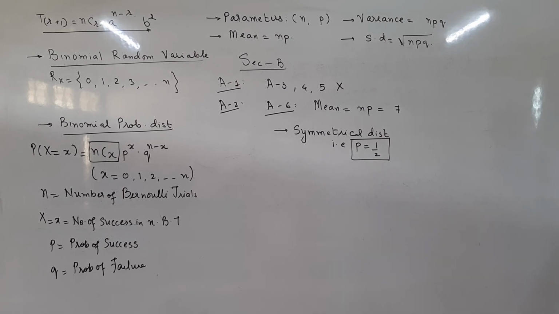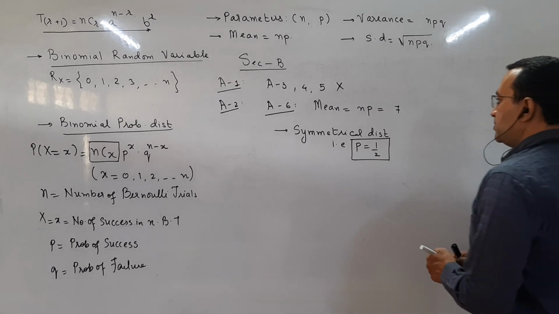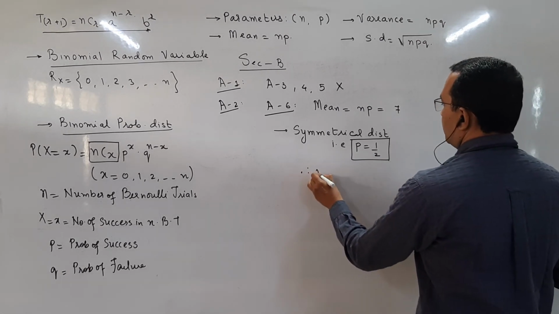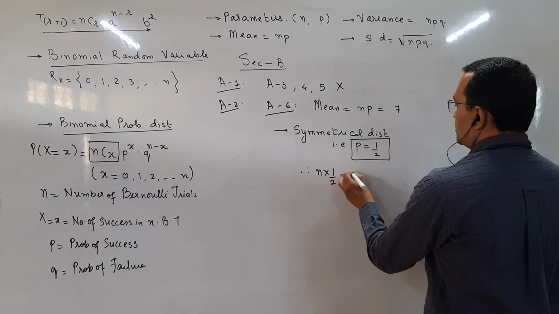The top 4 formulas which I wrote are based on properties, and only those students are applying. Always you will get a short sum based on properties. So np is equal to 7. The distribution is symmetrical, so p is equal to 1 by 2. Therefore, n into 1 by 2 is equal to 7.